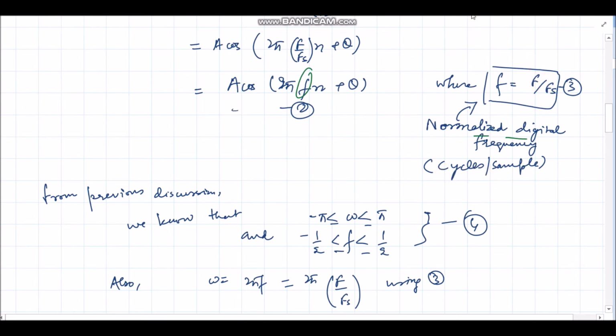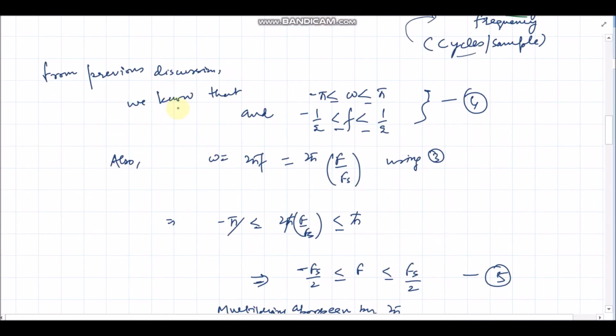How can we see it? F has the unit cycles per second and fs has samples per second. So when we write it like this, we get cycles per sample. So this is the unit of normalized digital frequency.